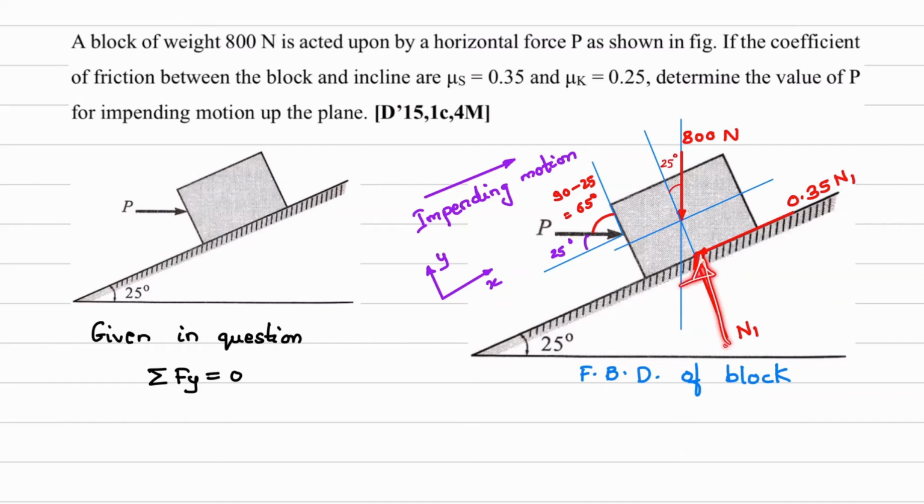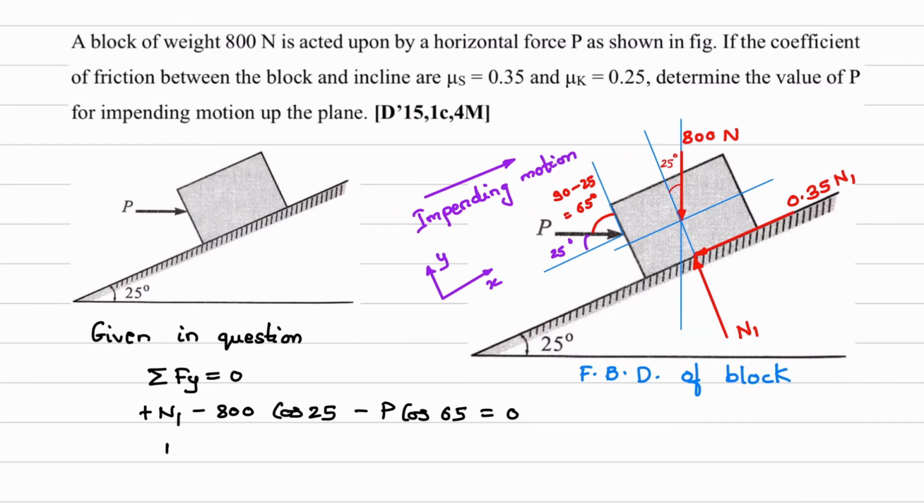So plus N1 minus 800 cos 25, because the weight component is acting in the downward direction, and P, its y component is downward, so minus P cos 65, equal to 0.